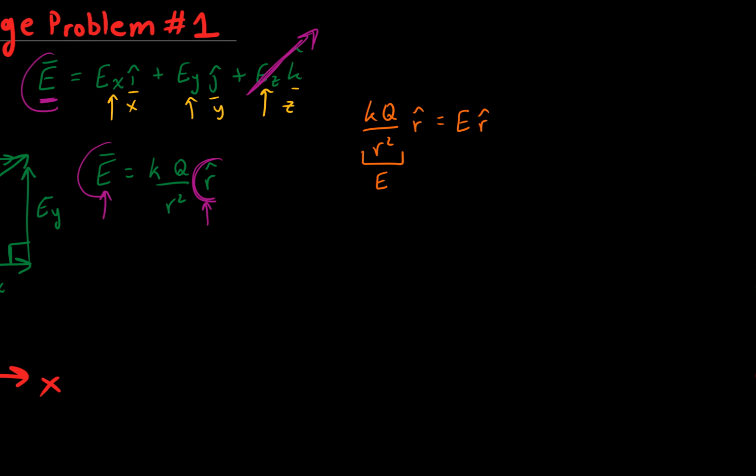Remember, this unit vector just indicates the direction of our electric field, whereas this entire coefficient indicates the electric field's magnitude. And this is why you hear the rule of thumb that the magnitude of a unit vector must equal 1 in order to not alter the magnitude. So let's go ahead and equate it to the other side. We see this is Ex i hat plus Ey j hat.